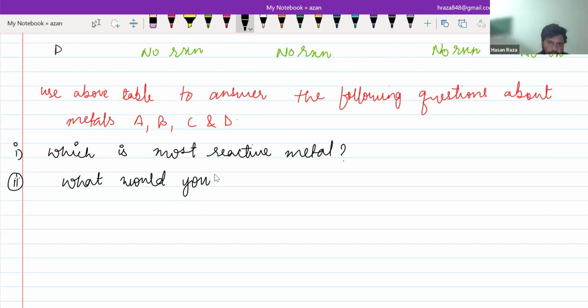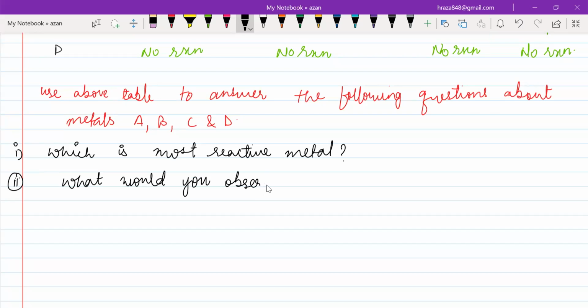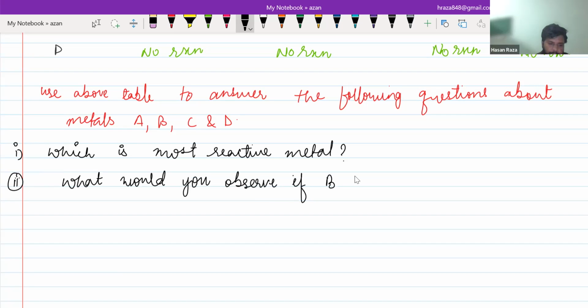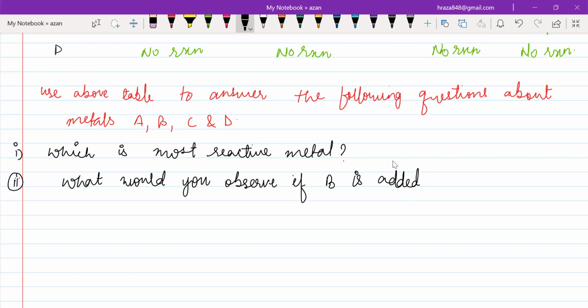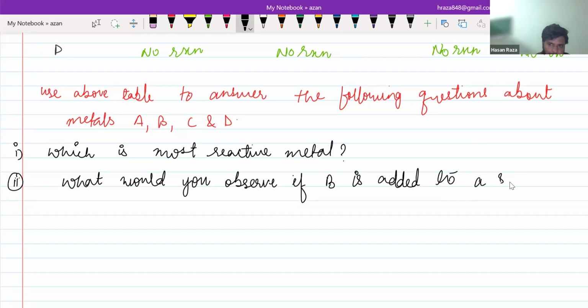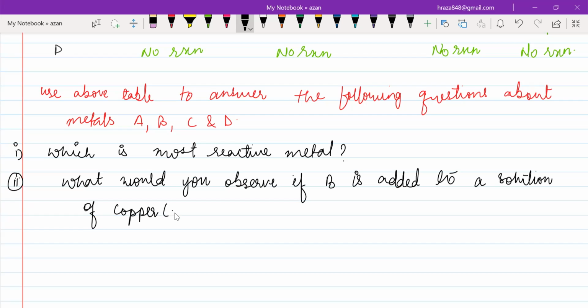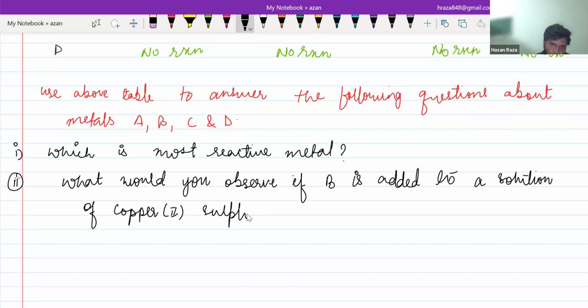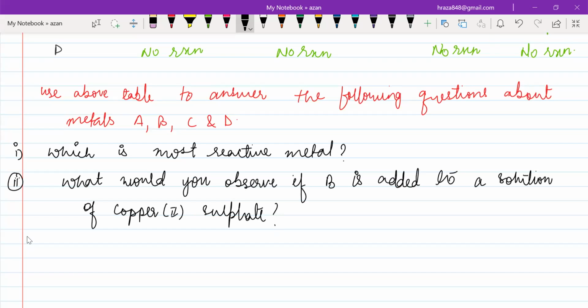The next question is, what would you observe if B is added to a solution of copper(II) sulfate?